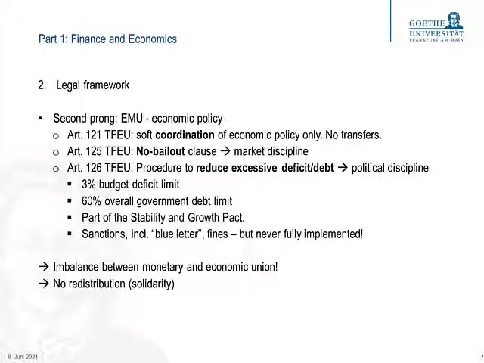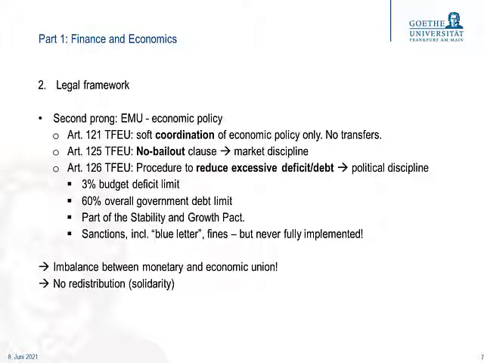Some people will think that the first prong is also problematic, but the second prong is particularly problematic even under the premises of monetarism, this hard money price stability thinking school. Why is it so? Because it does not establish this cushion, this safety valve that I just said is necessary for a monetary union to function properly.